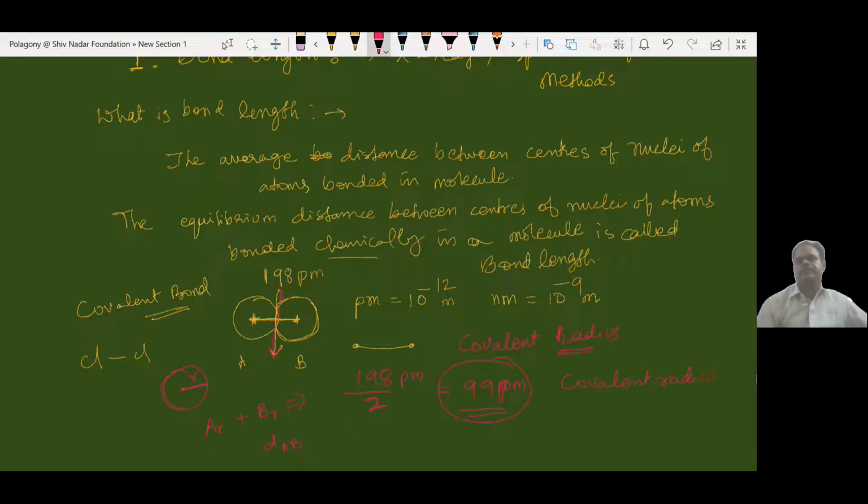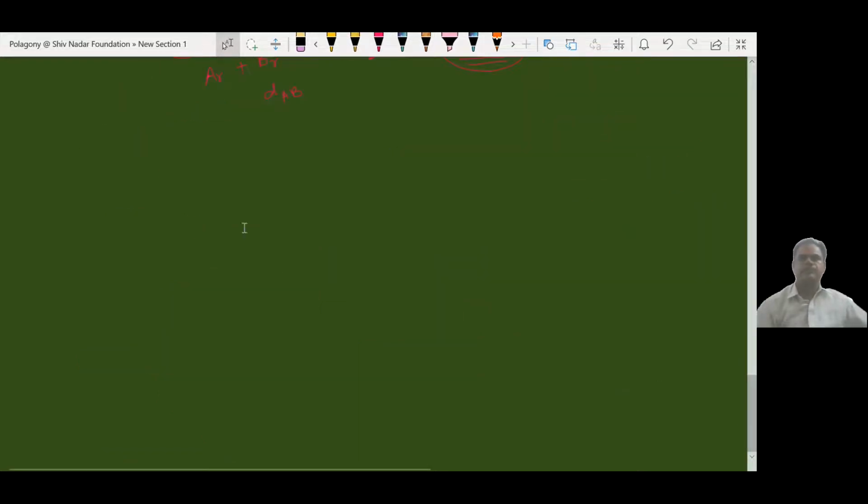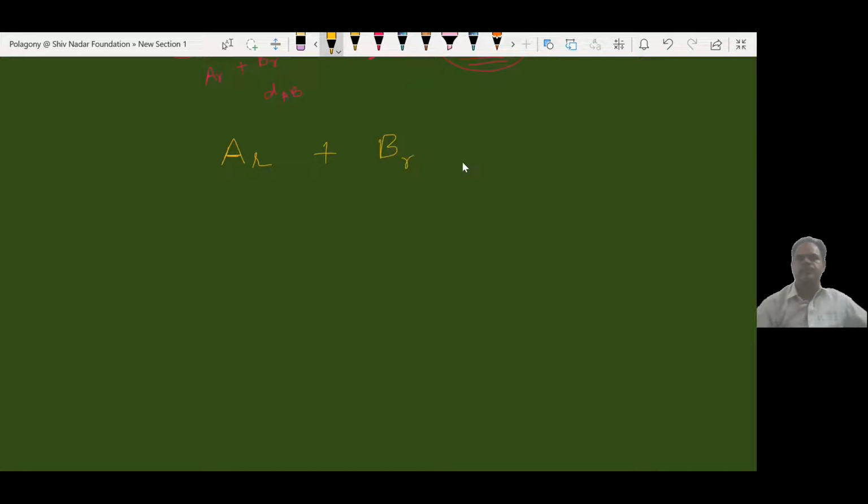So the radius of A atom plus the radius of B atom, the sum of their radii, is equal to the bond length of AB.